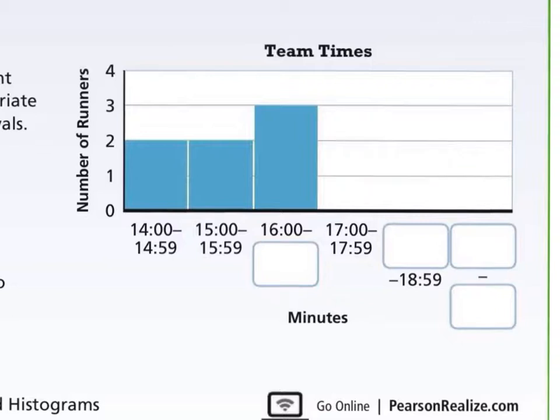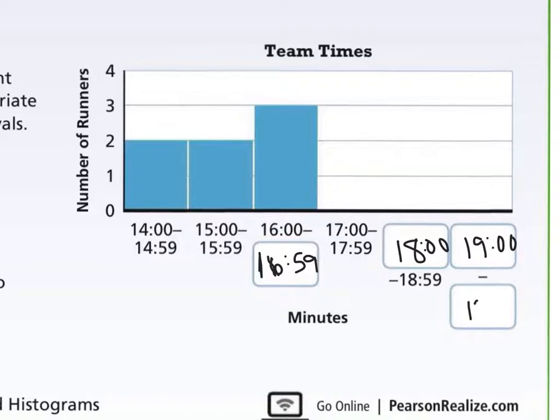So they went 14 to 14:59, 15 to 15:59. Next would be 16 to 16:59, then 17 to 17:59. Next would be 18 to 18:59, and then 19 to 19:59.